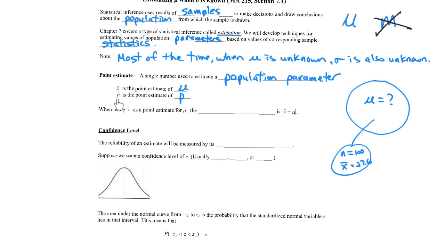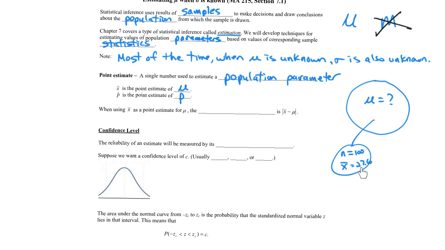So instead you take a sample and you find p hat, which is the sample proportion of voters who are going to vote yes on proposal C. So we'll talk about these a lot in section 7.3, but these would be point estimates.